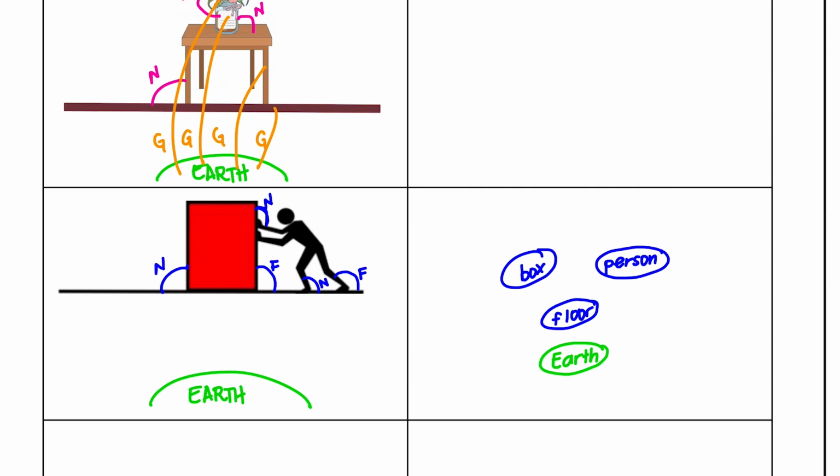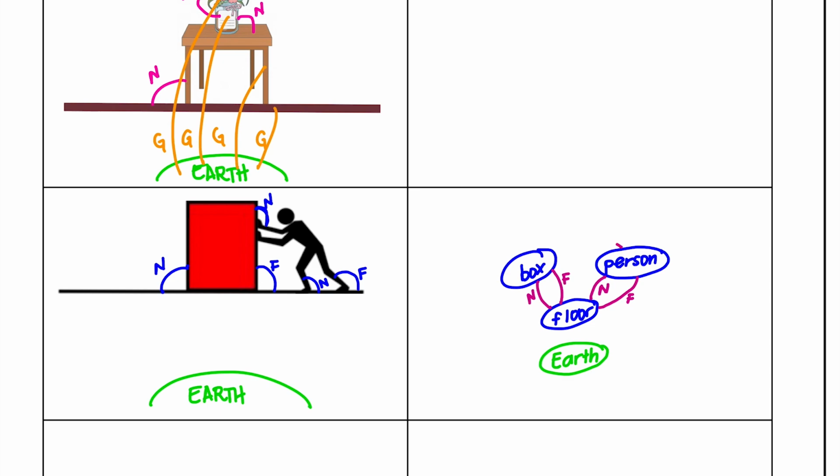We've got the box that's sitting on the floor with a normal force, and the box that's also having a separate interaction with the floor at friction force. The person that is on the floor, and the person that's also having a friction force with the floor.